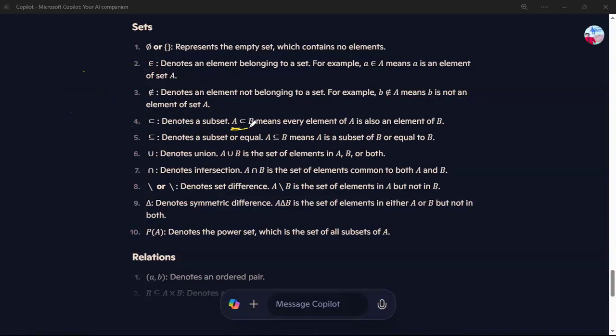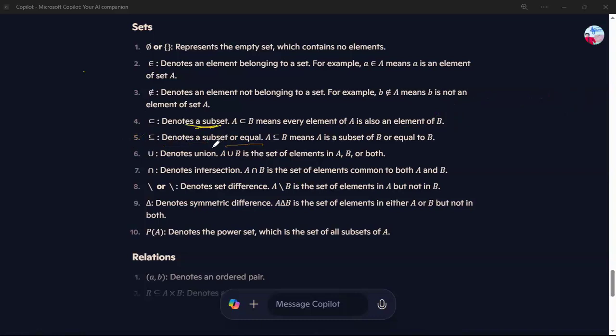So here, A is a subset of B means every element of A is also an element of B, which is technically that A is the subset of B. This denotes a subset or equal.